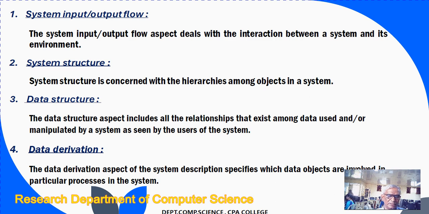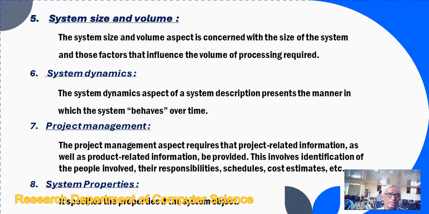The data derivation aspect of the system description specifies which data objects are involved in particular processes in the system. Size and volume. System size is concerned with the size of the system and those factors that influence the volume of processing required. Dynamics. A system can change the manner in which it behaves over time. So that is the main part.